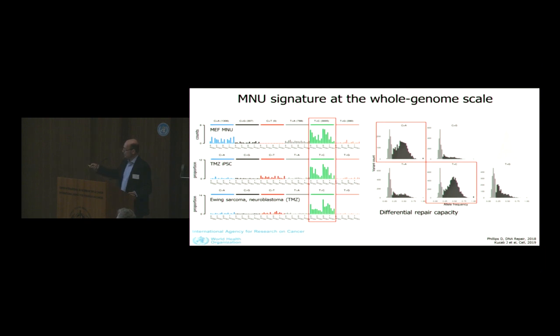And also, Ludmil shared some data on secondary cancers after temozolomide treatment, which again recapitulates this pattern. So the alkylating, methylating agents can actually induce either C2T or T2C, depending on the cell context, maybe some differential repair capacity, and certainly this merits more work.